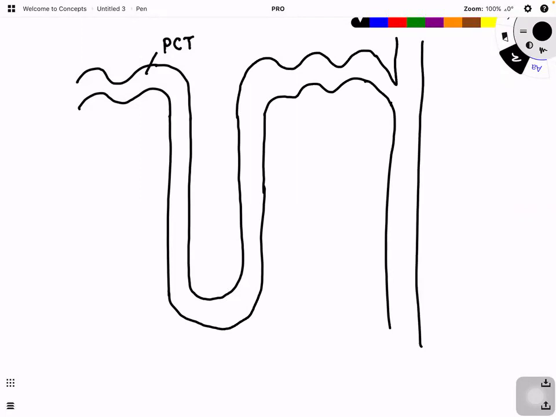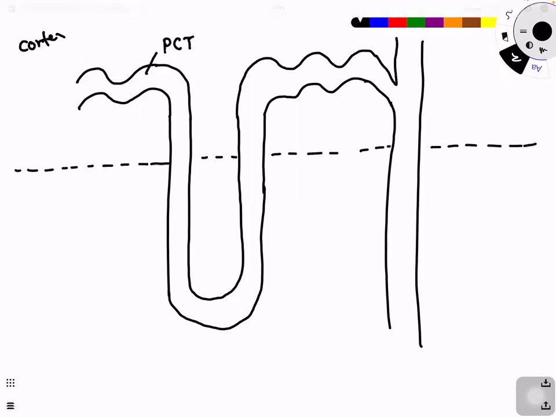Okay, so we divide it into two regions here. The top region is called the renal cortex, and the bottom is the renal medulla. Because of the reabsorption of the water and also the solute, if you check the osmolarity, meaning the concentration of solute.